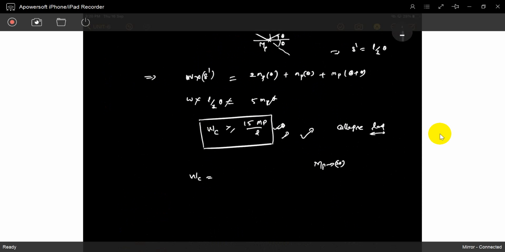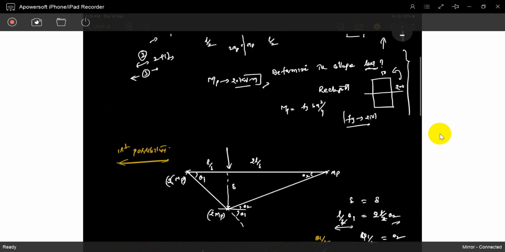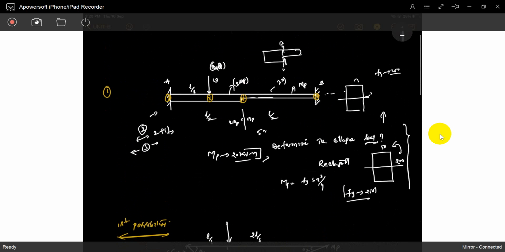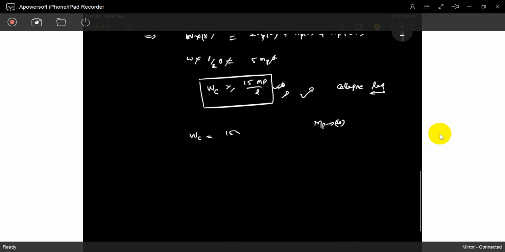Okay, that's it. 15 into 20 divided by L. I haven't given L, so L is taken as 5 meters, just a value. 15 into 20 kilonewton meter divided by 5. So 5 threes are 60 kilonewtons. 60 and above, it's a collapse.